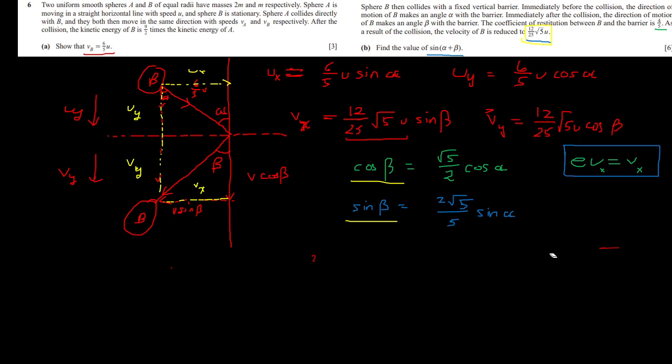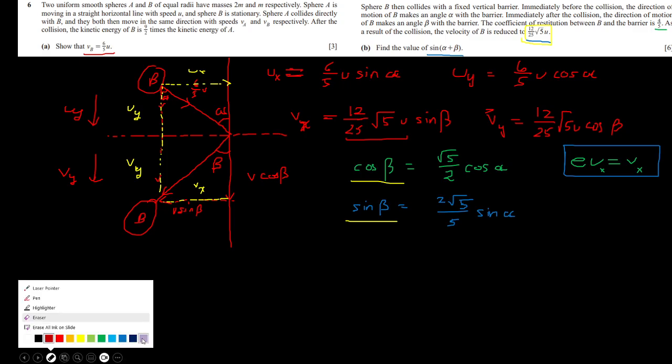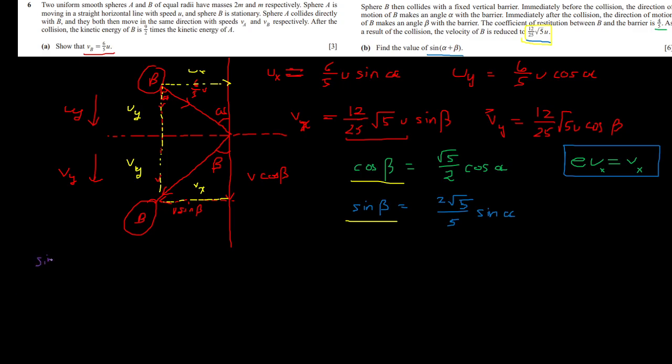Okay, so let's just write down what we know so far. Sine alpha equals to root 5 over 3. Cos alpha equals to 2 by 3.